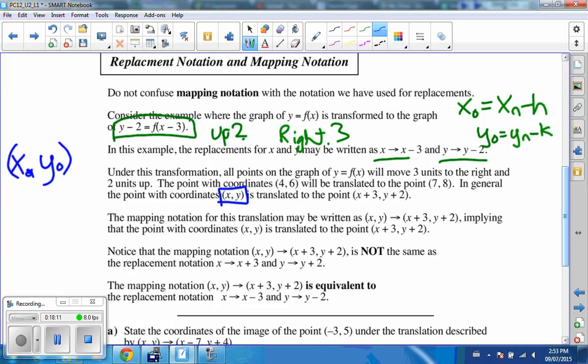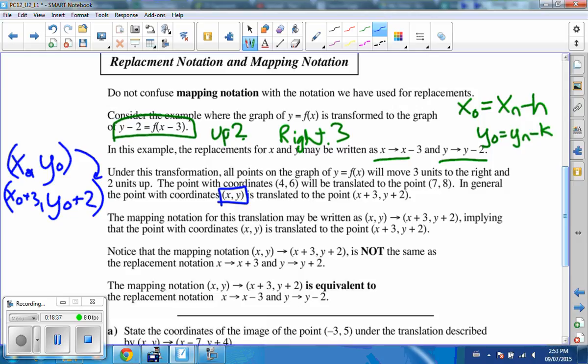But what I'm going to do now is add 2 to my y. So it's going to be y old plus 2. And it would be x old plus 3. And I'm going to put that in coordinates. And this is what we call the mapping notation. This point mapped to this new point.